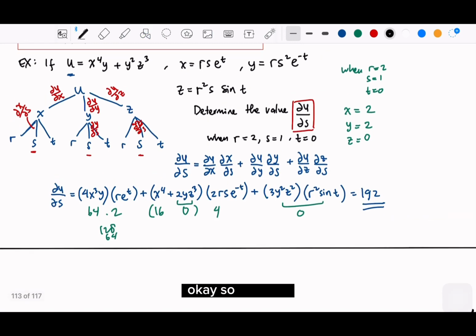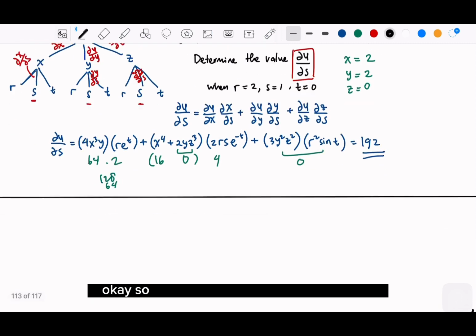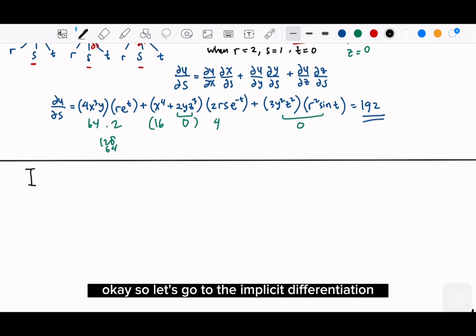Okay, so this part, I think a typical chain rule question, and I hope you get the idea. Do you still have any confusion about this one? As long as you know the functions and what the relation between all the functions mentioned, right? Okay, so let's go to the implicit differentiation.